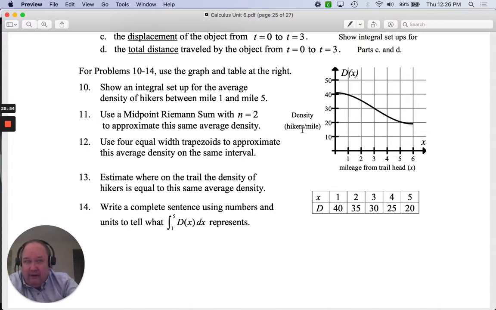So in this case, hikers per mile, you integrate it, you're just left with hikers. So in other words, you're left with how many hikers there are from 1 to 5 miles from the trailhead.